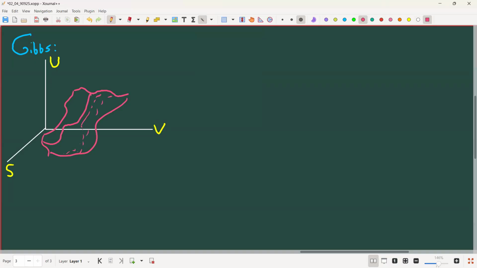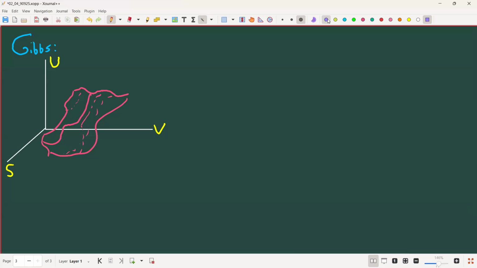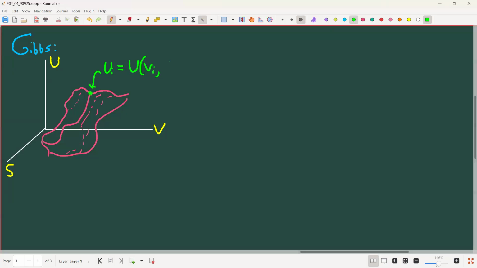It doesn't matter. I'm just drawing some pictures. Little surface, right? And I can pick a point, my initial point on this surface, we'll say right here. This is the initial u, which is some function u of our initial volume and our initial entropy.